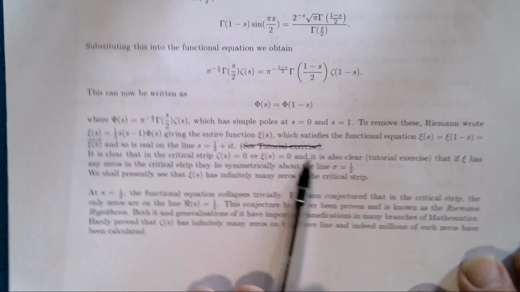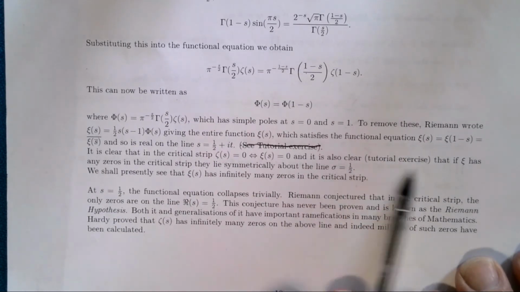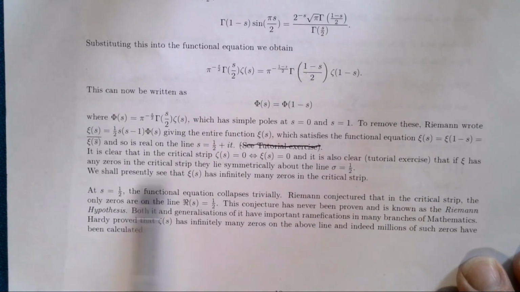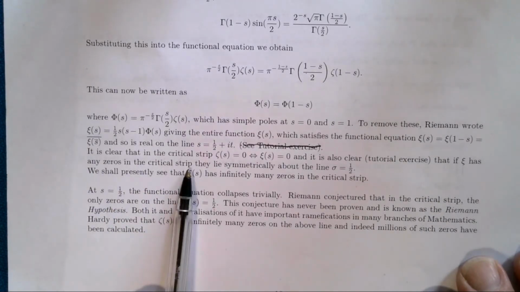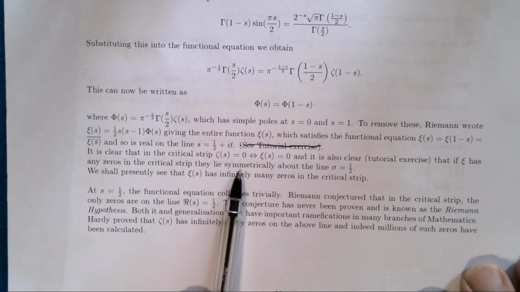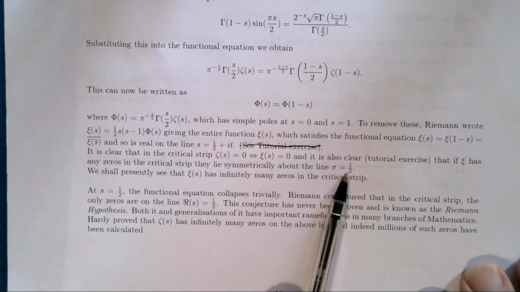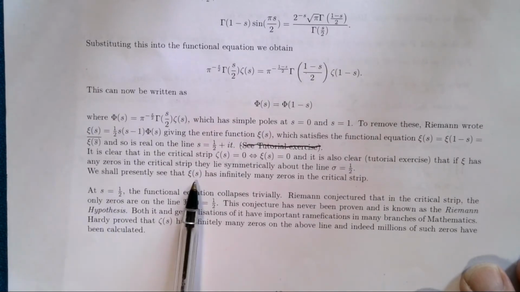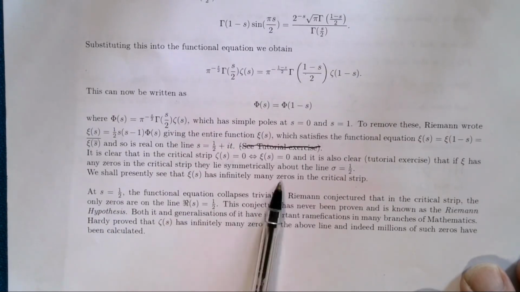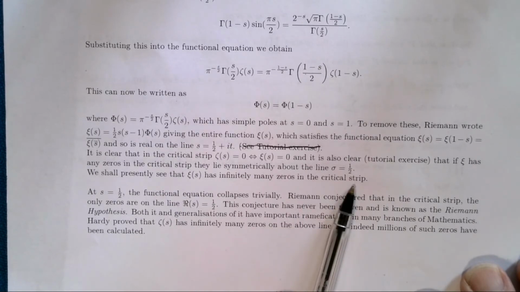It's also clear, which is a little exercise, that if psi has any zeros in the critical strip, then they lie symmetrically about the line sigma is a half, real part of s is a half. And I'll prove shortly that this psi of s indeed has infinitely many zeros in the critical strip.